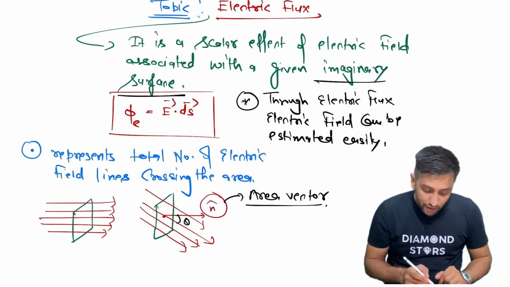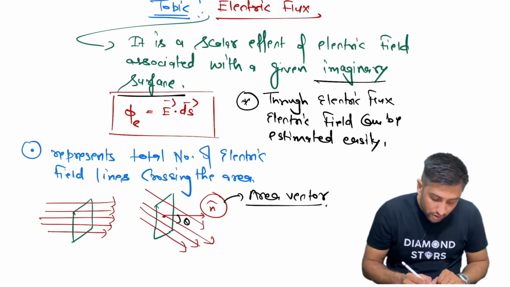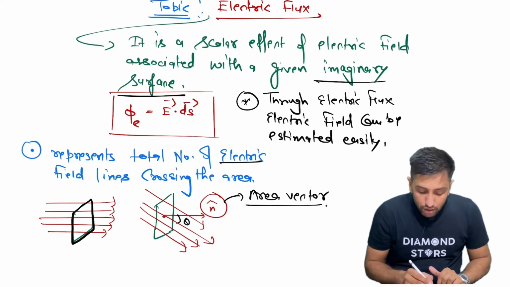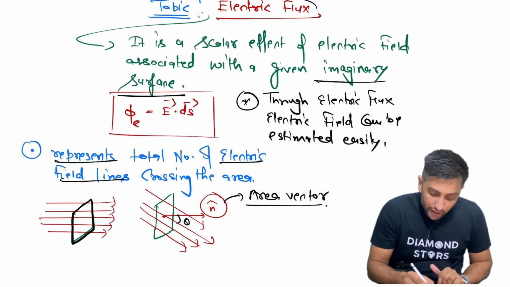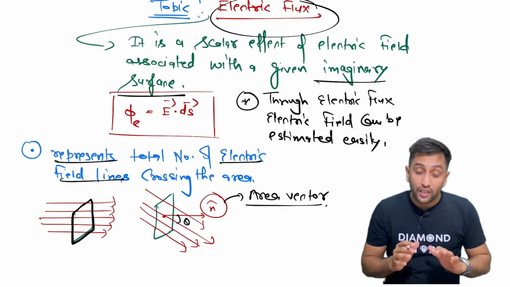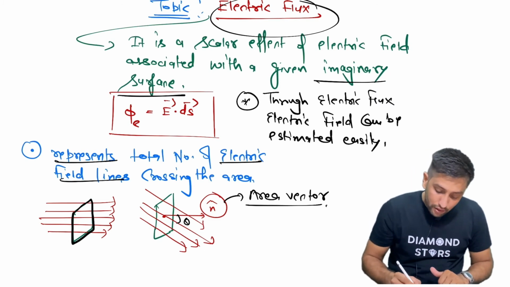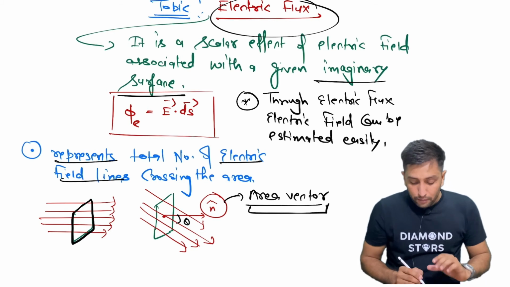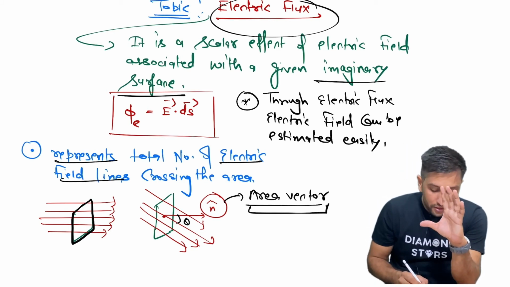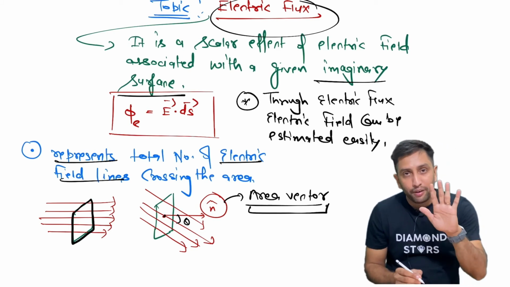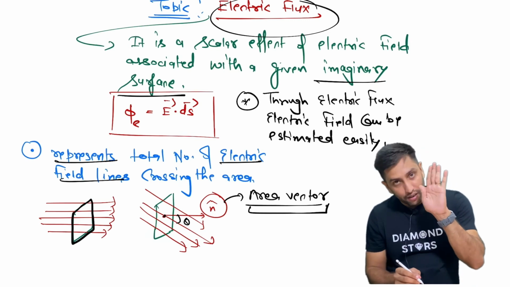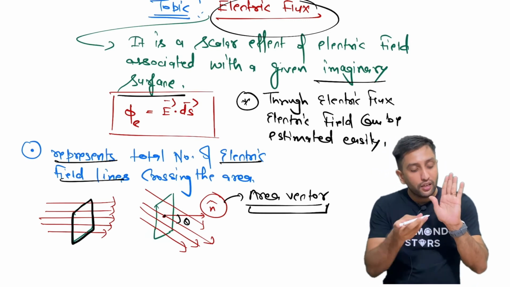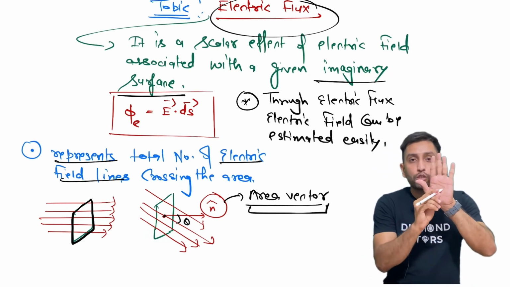Like this. This is the total number of field lines. This is electric flux, represented by phi E. And this is the area vector, which is represented perpendicular to the surface. For example, if I take my hand as a surface, then this direction will be the direction of the area vector.